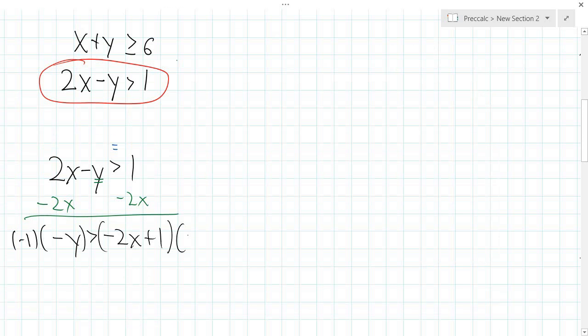On the left side, I'm going to have positive y. On the right side, I'm going to have positive 2x minus 1. All of the signs will flip-flop. And because I multiplied each side of this inequality with a negative number, the inequality changes direction so that I have y is less than 2x minus 1.